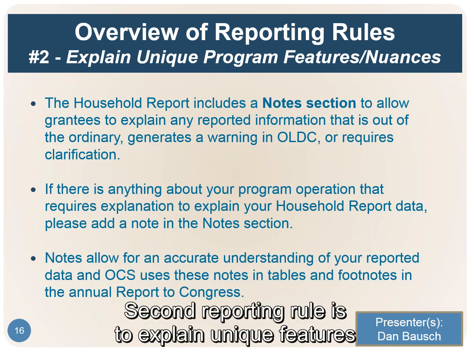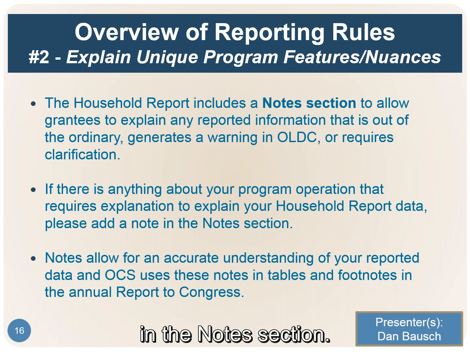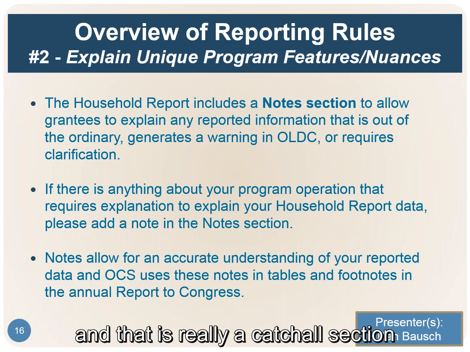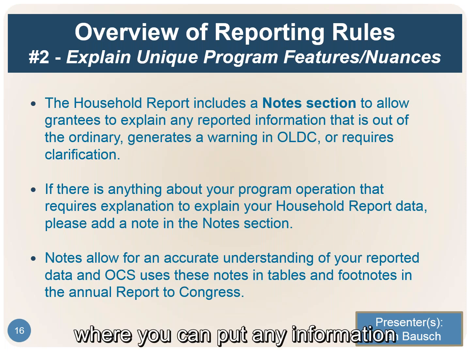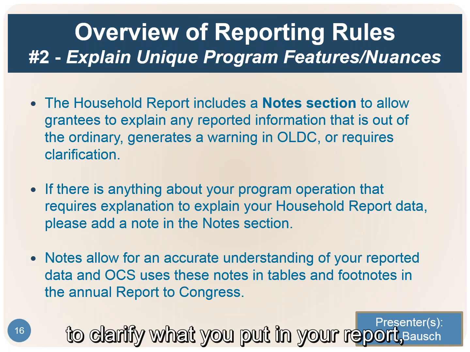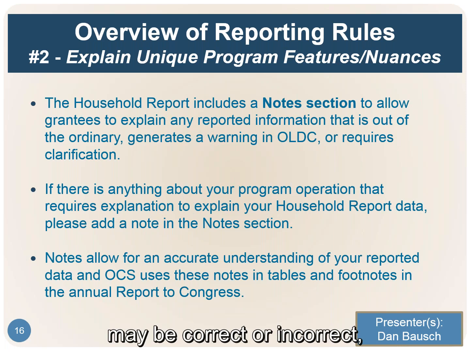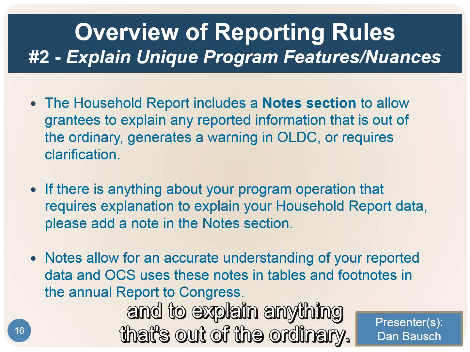The second reporting rule is to explain unique features in the notes section. So the household report includes a notes section, and that is really a catch-all section where you can put any information to clarify what you put in your report, to explain why a warning that appears in OLDC may be correct or incorrect, and to explain anything that's out of the ordinary.